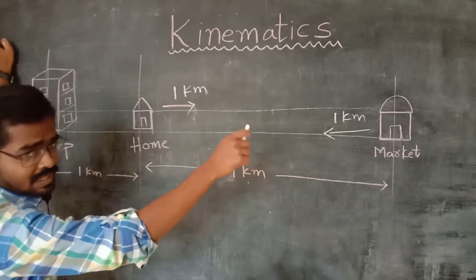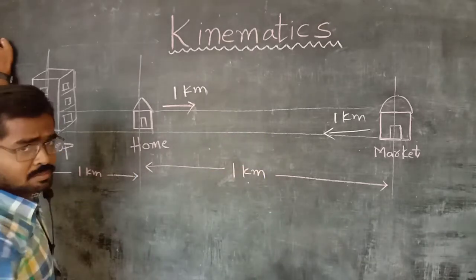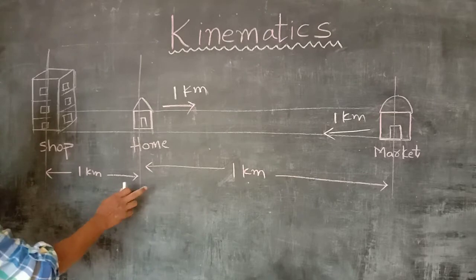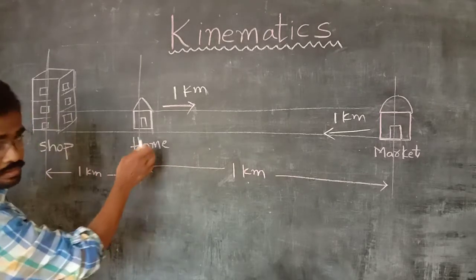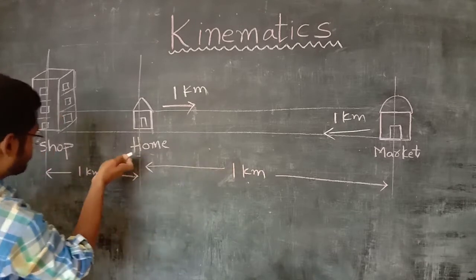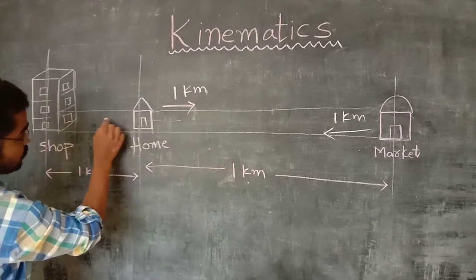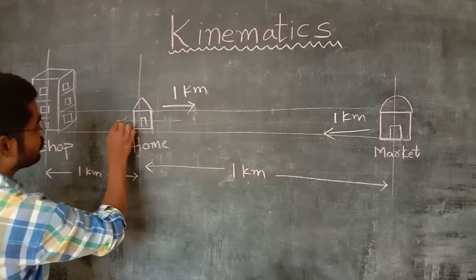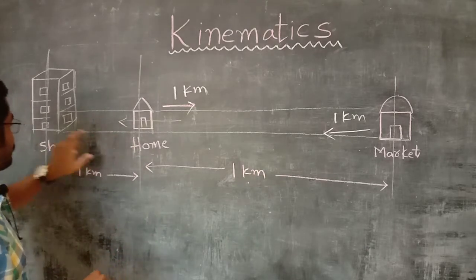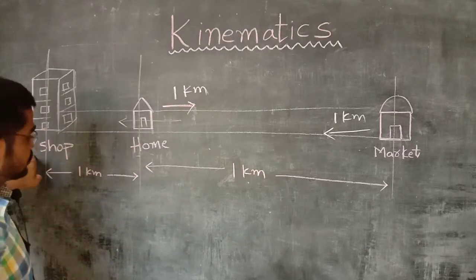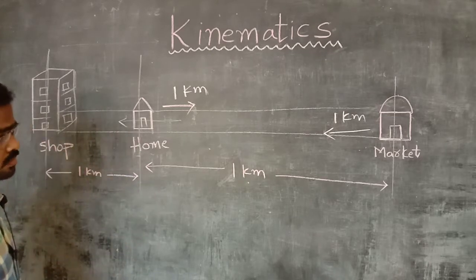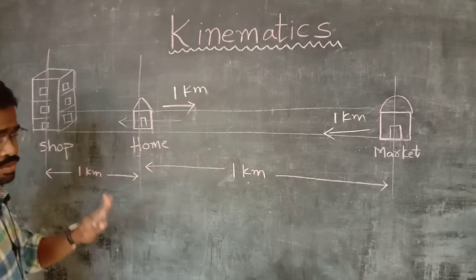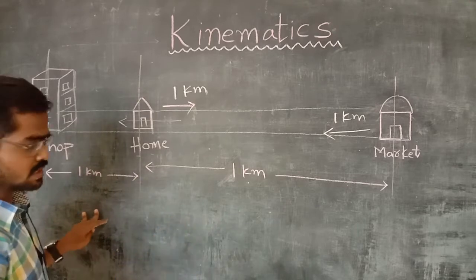On seeing that the market is closed, he will return to his house, and after returning he will not stop at his house. He will travel on the road near his house, from his home to a shop or a mart which is situated 1 kilometer behind his house. This is a straight road. Now the question is, what is the distance and what is the displacement?